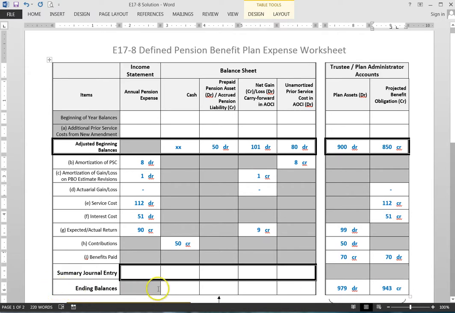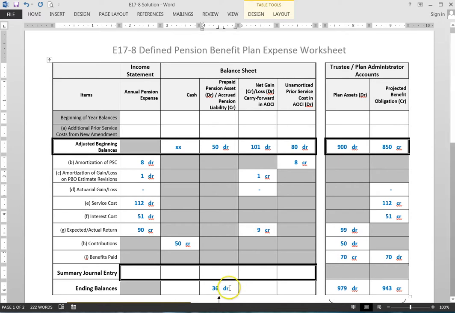So these are the ending balances of any of my balance sheet accounts and plan administrator accounts. So I'll get a statement from my plan administrator that tells me my plan assets are 979, my PBO is 943. The difference between those two goes right here, and that results in a $36,000 debit balance.